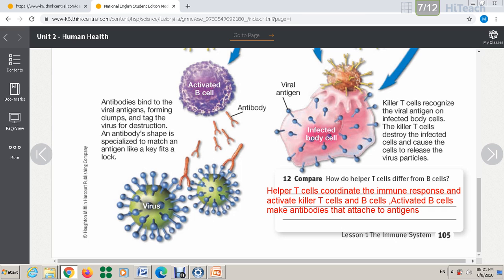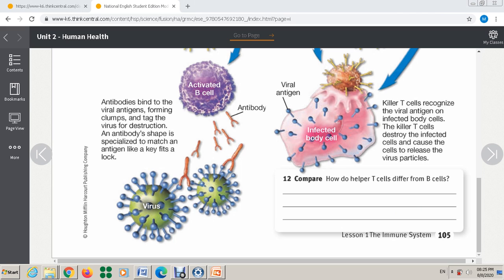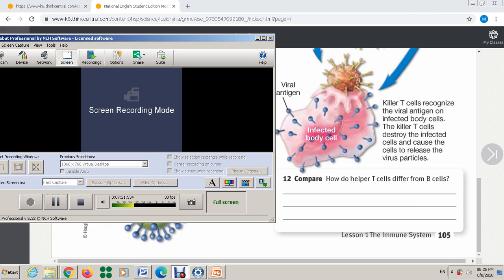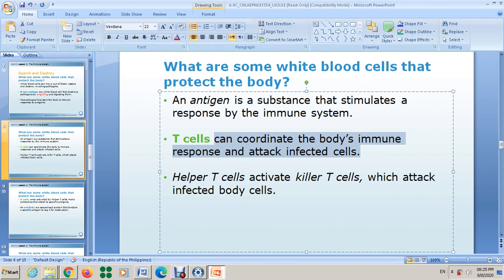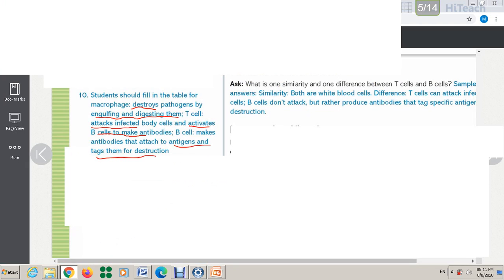B cells don't attack, but rather produce antibodies that tag specific antigen for destruction. So what destroys at the end, after the activated B cells produce the antibody? The macrophage will come and destroy. Look at this question here. Copy the question and the answer.